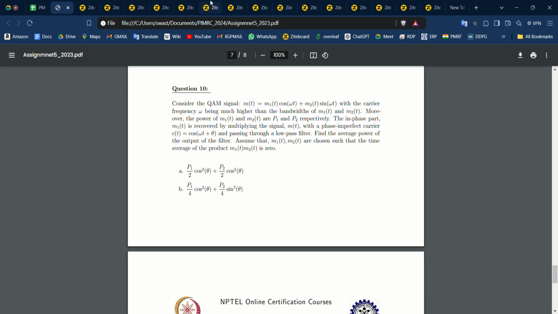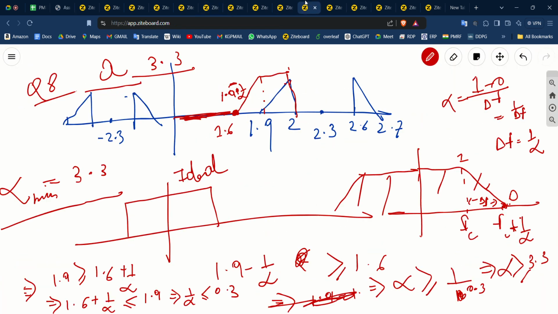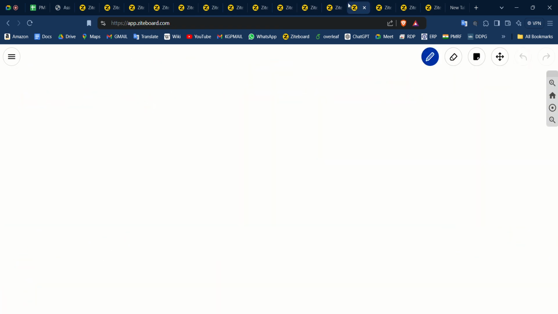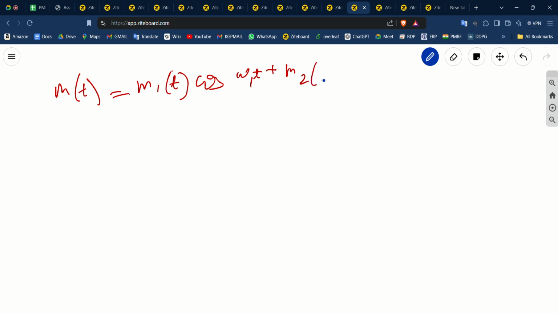So here, what is the output that is getting fed? So we have an m(t). m(t) is equal to m1(t) cos omega t plus m2(t) sin omega t.